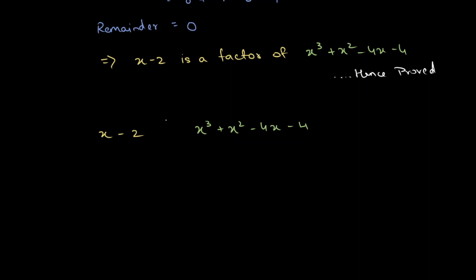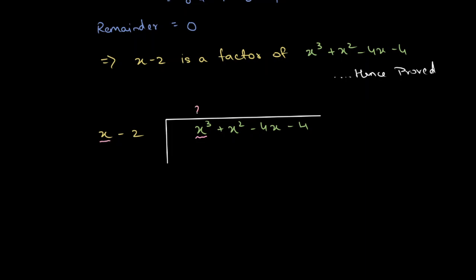We will perform the long division of the polynomials to find the quotient and hence all the factors of f of x. Make sure you are arranging them in the descending powers of x, which we have.